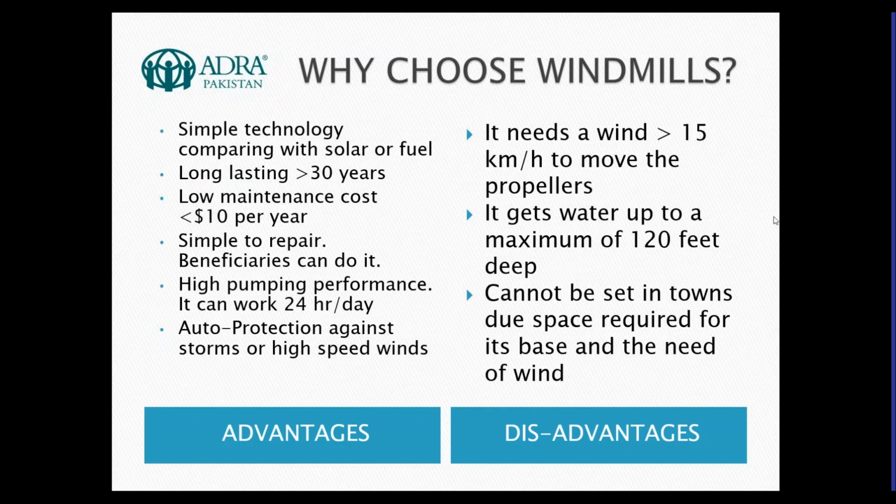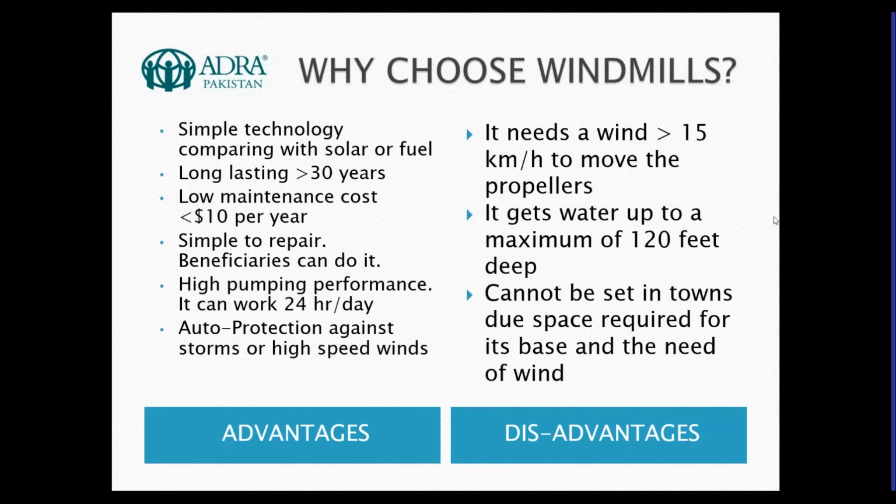This is pumping all along the year, allowing you to keep a lot of water. And it also has a self-protection against high winds. Let's say a very high wind or a storm is coming, the windmill is stopped and shut down, and then it's protected against the destruction of the wind.